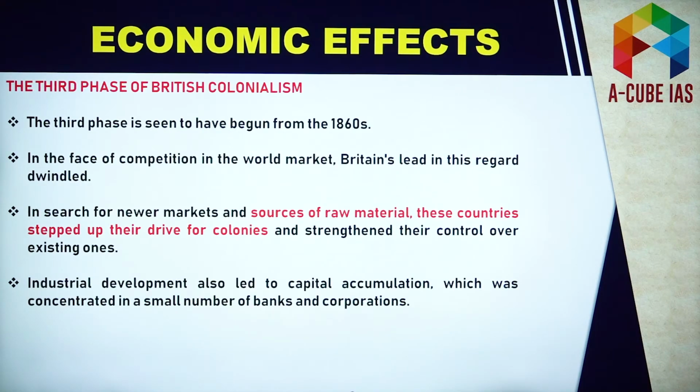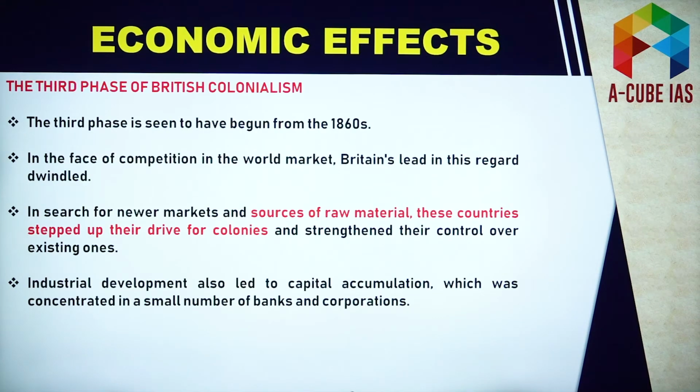So this third phase is seen to have begun from the 1860s when British India became part of the ever-expanding British Empire. Now this period can be characterized as the period of finance imperialism. So some British capital was invested in the colony. Finally, it happened.